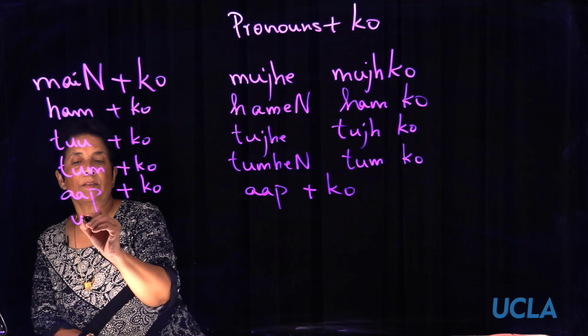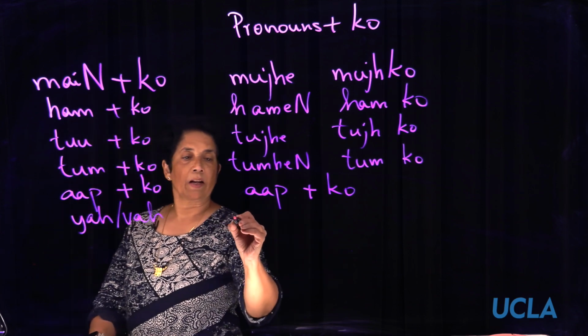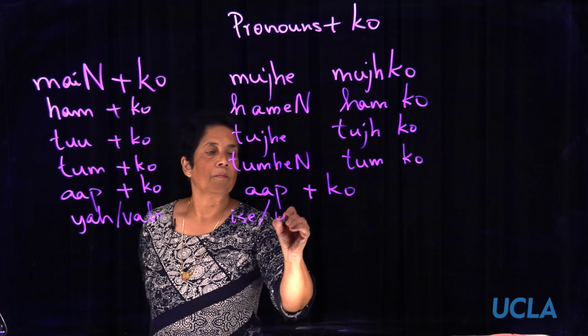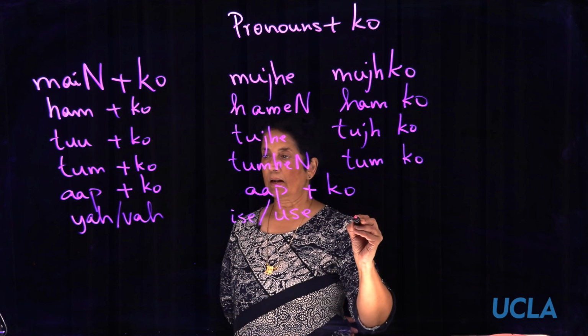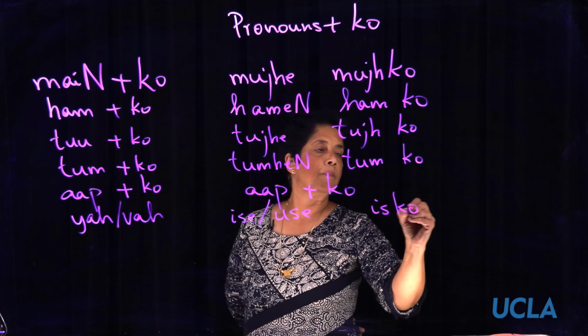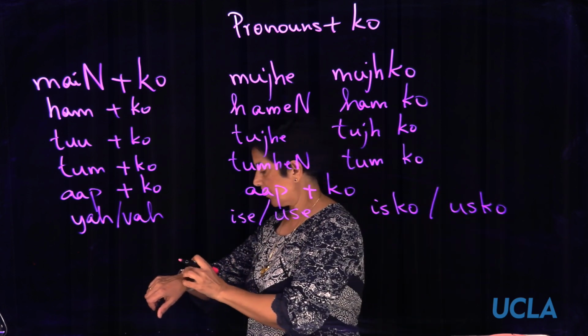Okay. With yah and va, you will get ise and use, and you will get isko and usko.